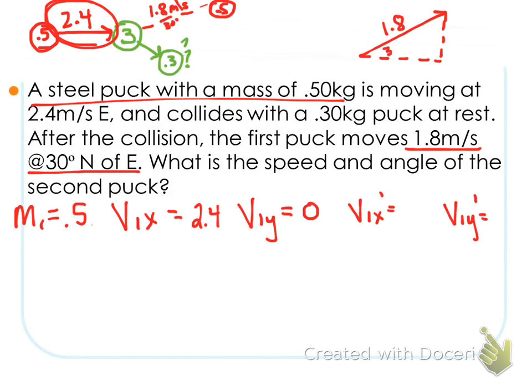And our 30 degrees goes right here. If I labeled my sides, this would be v1y prime, the vertical speed of my first object after the collision. This side would be v1x prime. Are we on the same page with that?